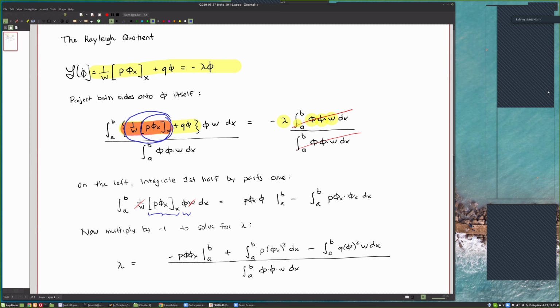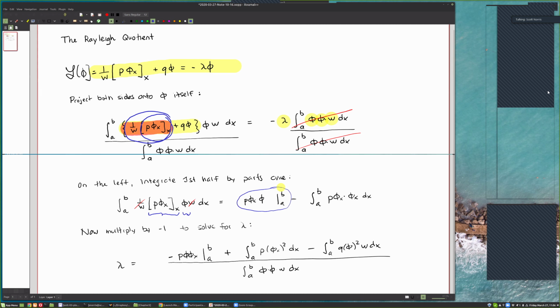Let's multiply both sides by -1, in effect solving for lambda. So lambda equals negative everything over here on the left. And what do we have over here? We have these boundary terms, and they pick up a minus sign because we multiplied both sides by -1.